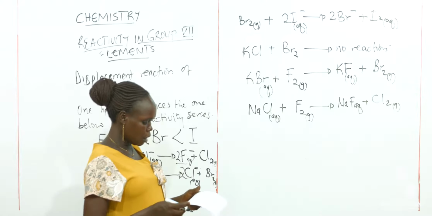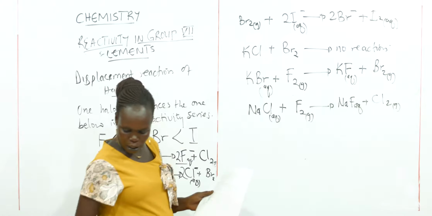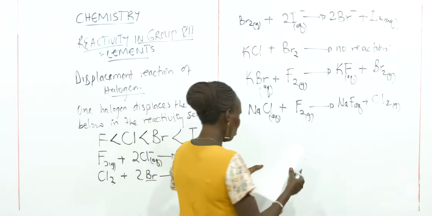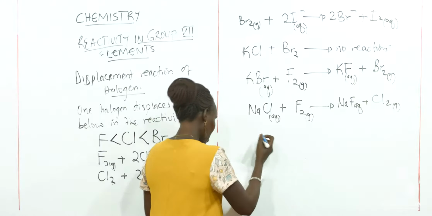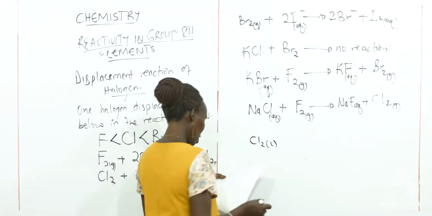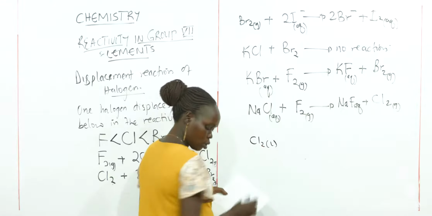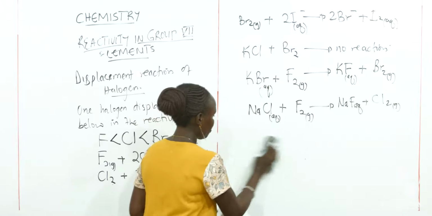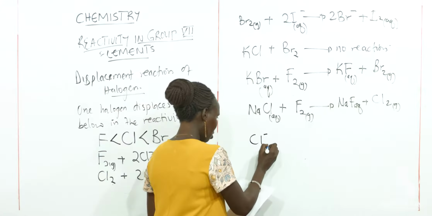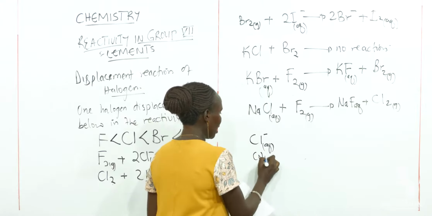We also have to see chlorine water as we go to this reaction, and we are going to see some other observations. Chlorine water is in liquid form, in aqueous form, and because it is water, it is colorless.